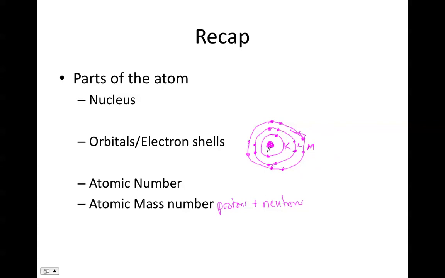So we're going to stop there with the third shell for now. Know that on the periodic table there are atoms that have 7 shells and hundreds of electrons. As we get bigger and bigger atoms, they have more and more protons and more and more electrons. I think that should do it for now.